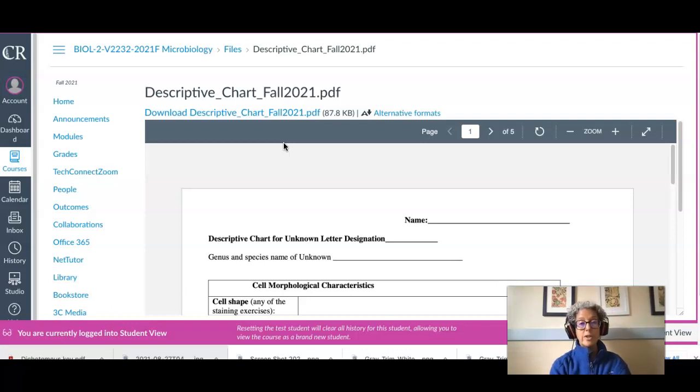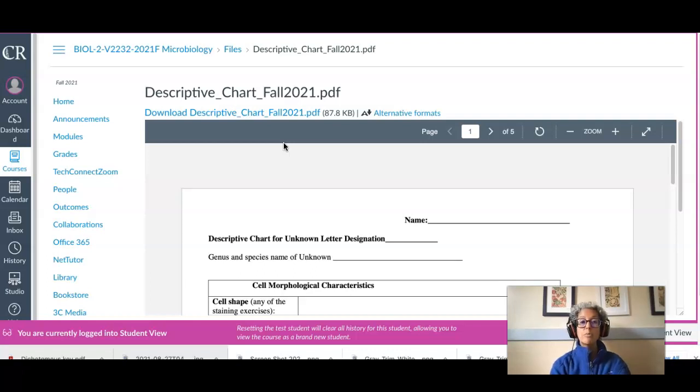To identify your unknown, you don't want to be flipping back and forth through 20 different exercises worth of data. We record it there so that for each exercise we understand the biochemical properties and how the microbe works in relationship to the positive and negative controls.